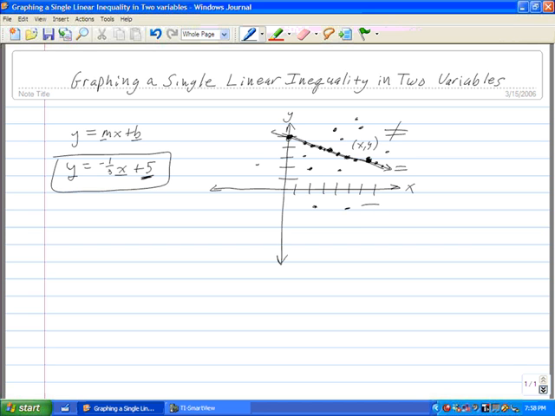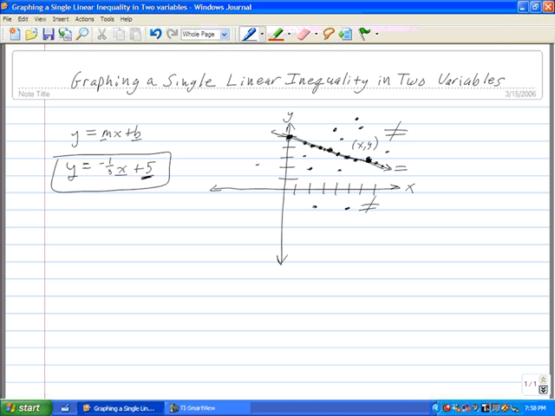Inequality meaning using those x and y values does not satisfy this equation. And by inequality we mean less than, perhaps greater than. So we should take time to figure out where is the less than and where is the greater than.